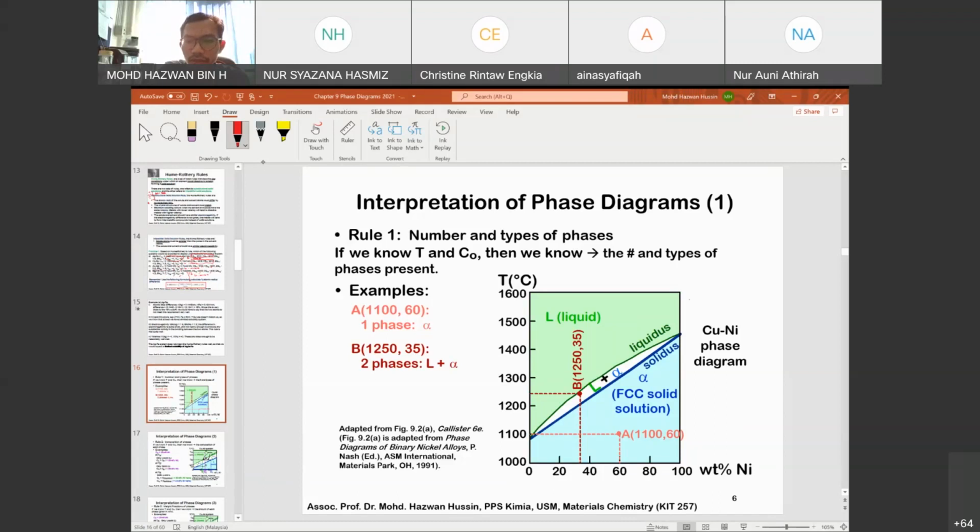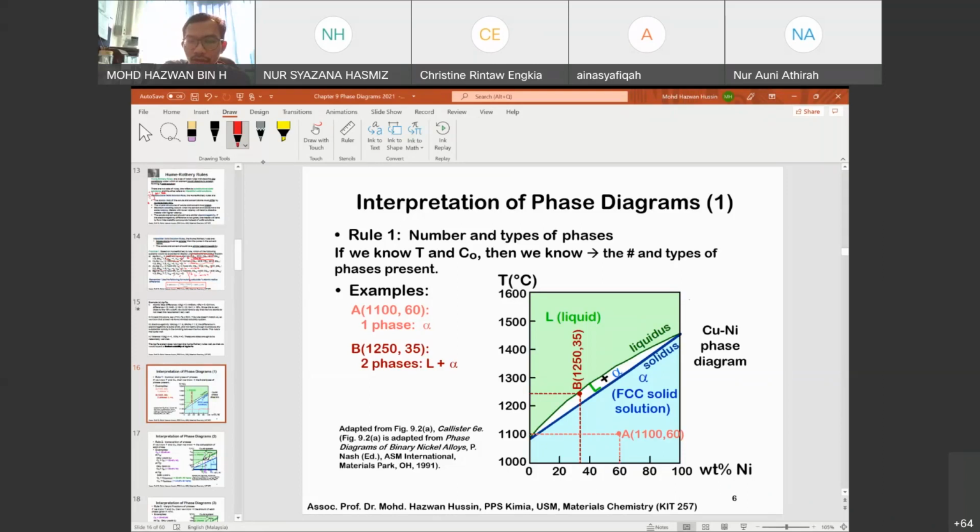So here you see that it is inside the range of liquid plus alpha. Then you will have two phases, liquid plus alpha. So this is a so-called mixture phase. You have liquid and you also have solid.